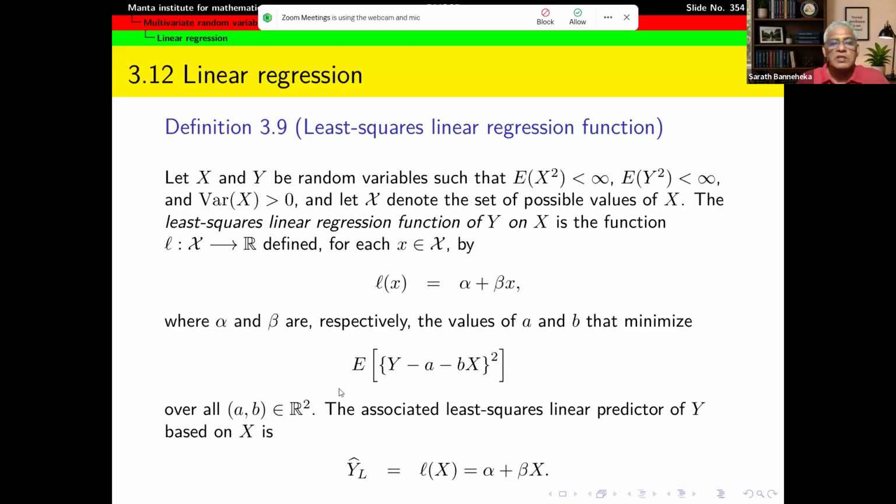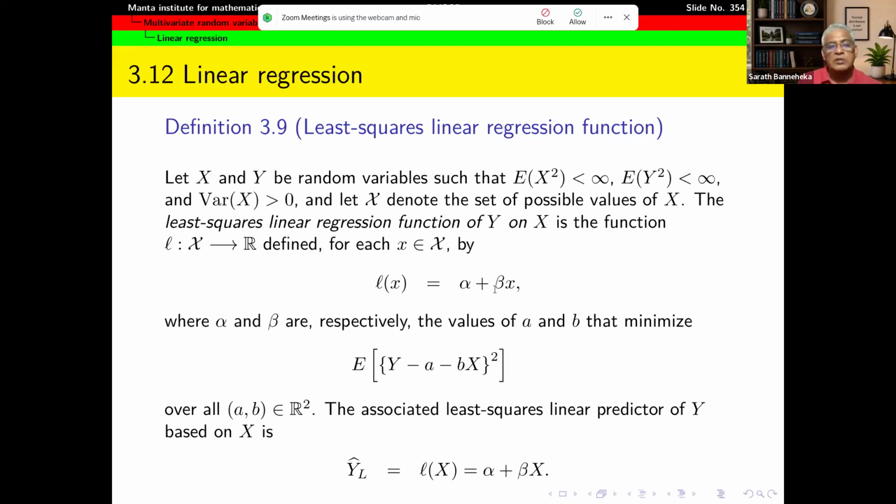You can notice that Y is a random variable, X is a random variable, therefore this whole thing is a random variable, and so we can talk about its expected value. We look at the minimum of this quantity over all possible pairs of A and B, where A is a real number and B is a real number. Once you find the A and B minimizing this expected value, we call those A and B alpha and beta.